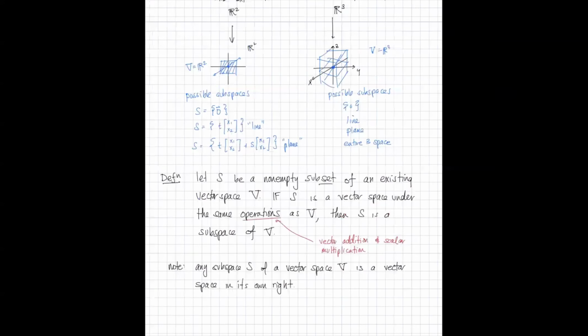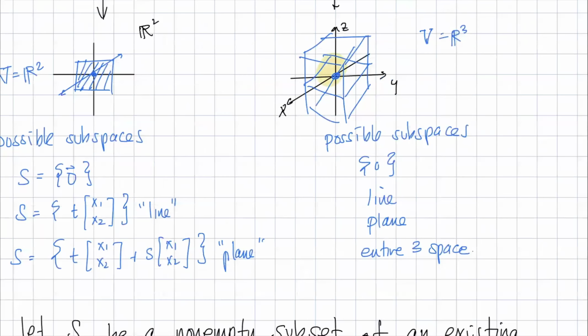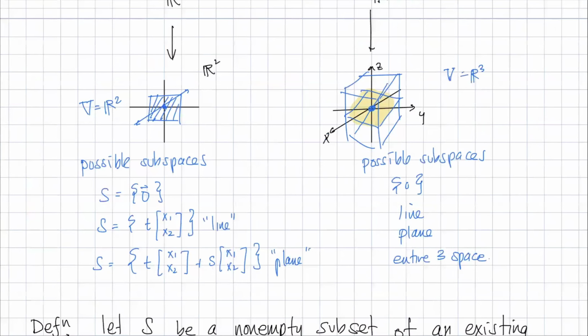If we look back at this situation, R2, the XY plane, that's a vector space. But there are several things like R2 contained in R3. It could be the XY plane itself, but any plane through the origin here is going to be another subspace.